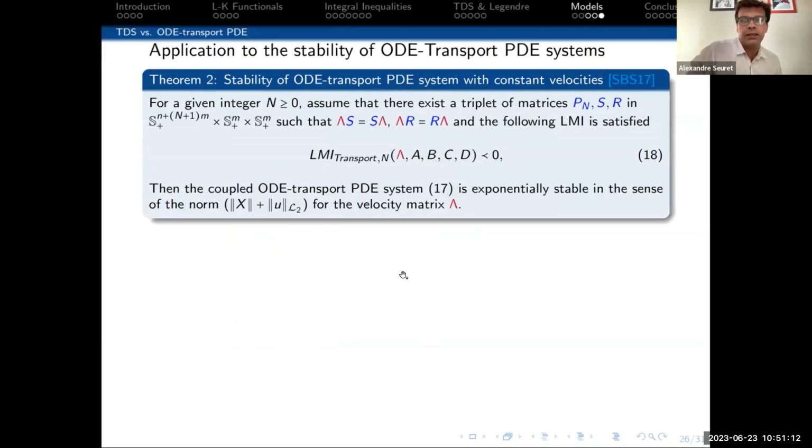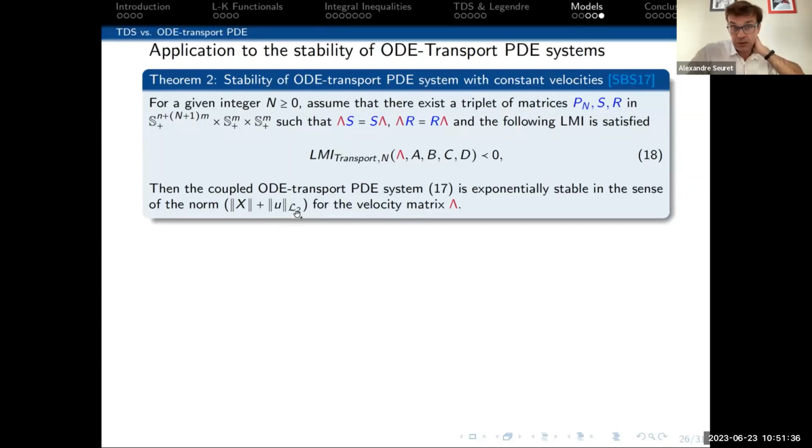And what we get is a very similar formulation. So you can find a triplet of matrices that verify these commutativity constraints. And if the LMIs is verified, you can show that the coupled ODE and transport PDE system is exponentially stable in the sense of this norm.